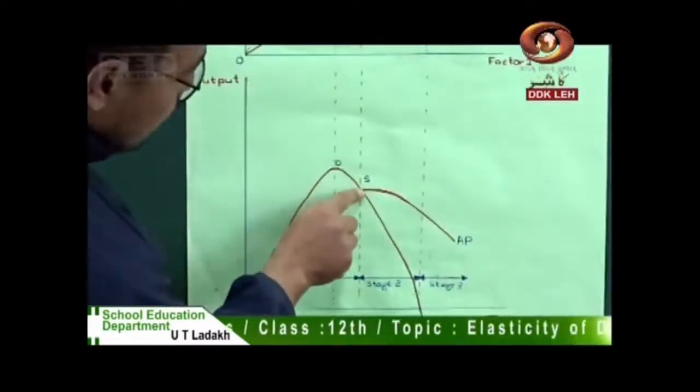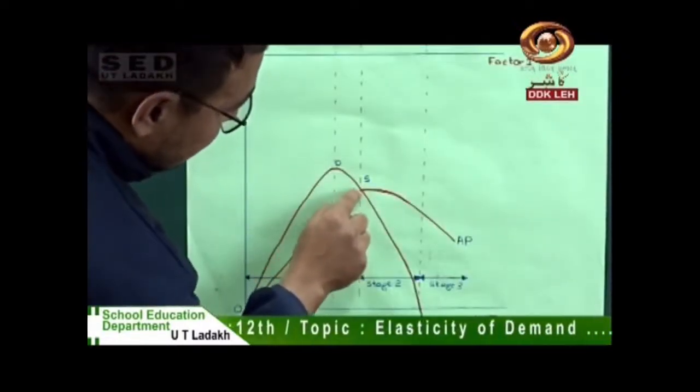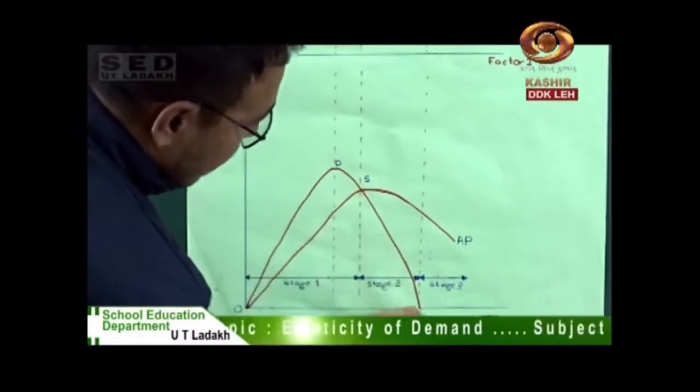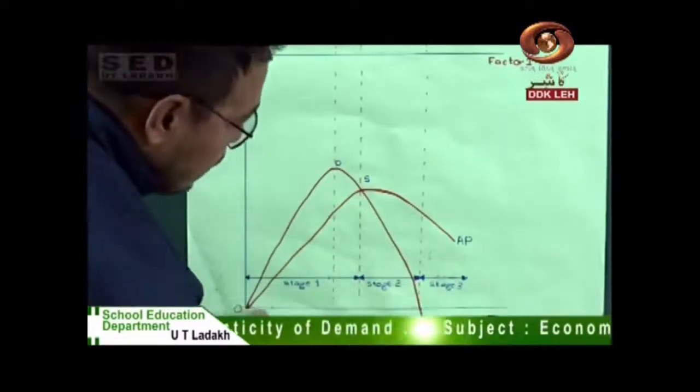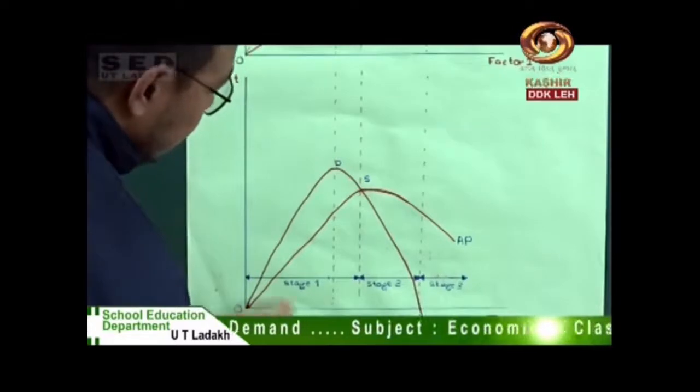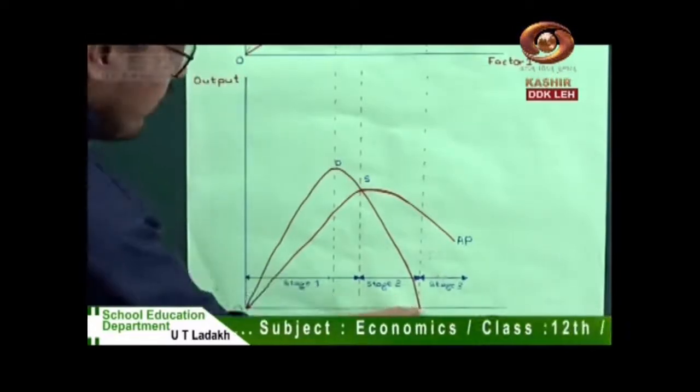Here from S it keeps on decreasing and eventually it becomes 0. This is your horizontal axis, the value is 0, so it attains 0 value.